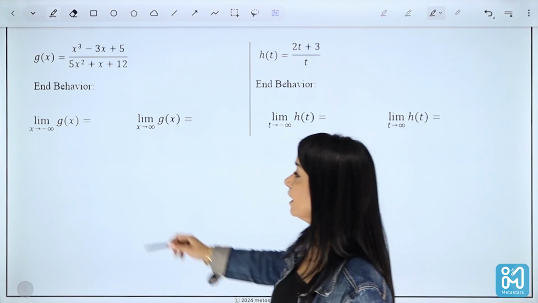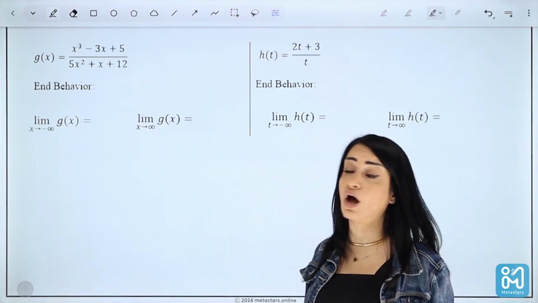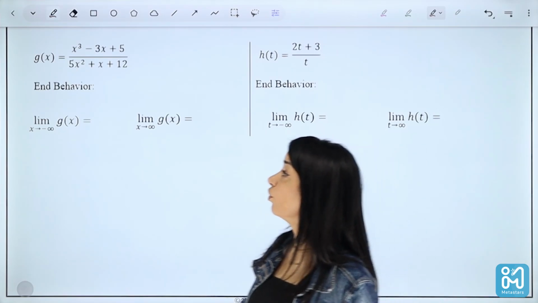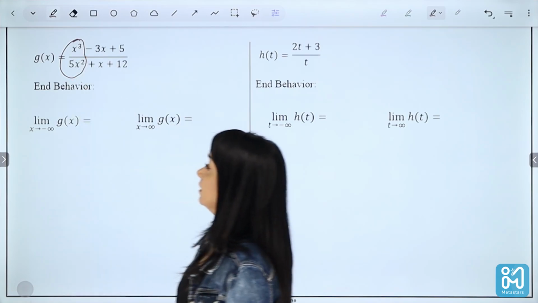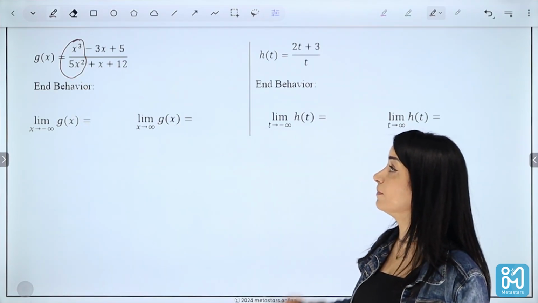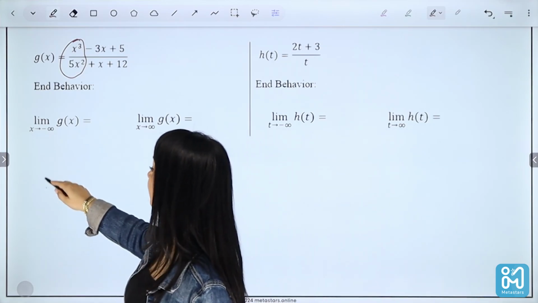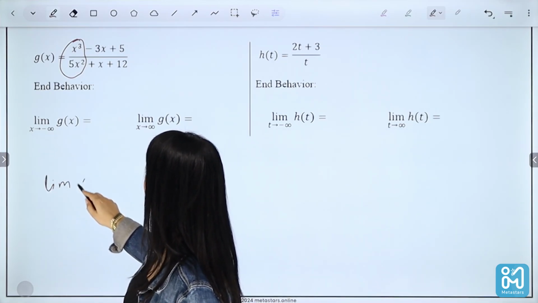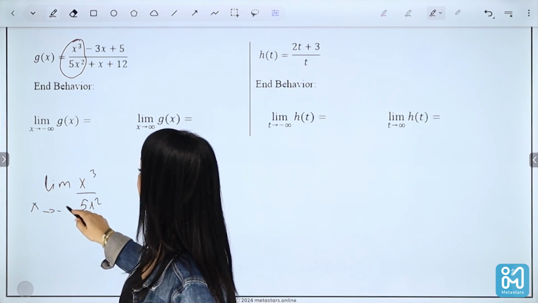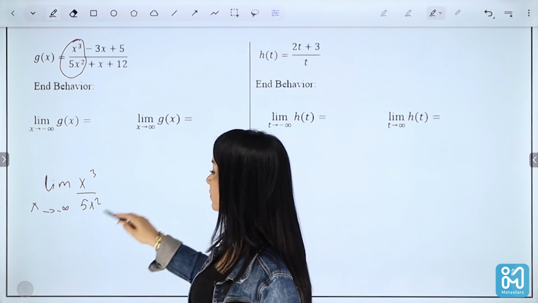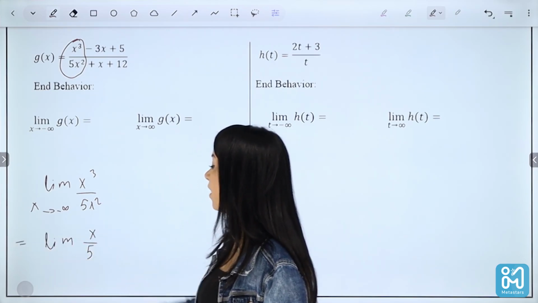So to find the end behavior as the limit now, we can do our long division, or what we can do? I can take the term with the maximum coefficient in the numerator over the term with the maximum coefficient in the denominator. So I need to find now the limit of x cubed over 5x squared as x goes to negative or positive infinity. When we simplify this, it's going to be the limit of x over 5.